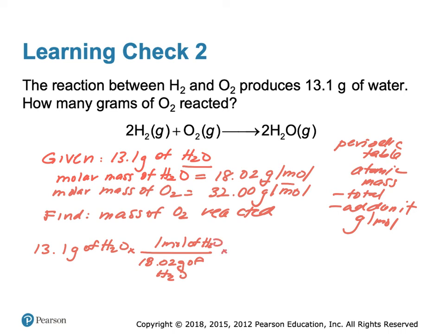And then we know that it's a 1-to-2 relationship. And then finally, we can multiply by the molar mass of oxygen to get grams of oxygen in the numerator.